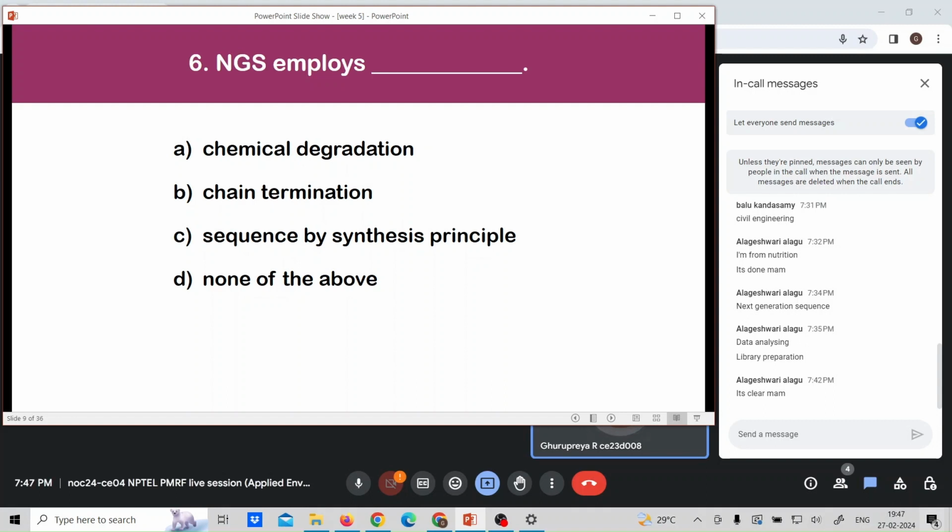Roughly we have an idea that we have library preparation and amplification steps. Based on these two steps itself you can guess the answer.